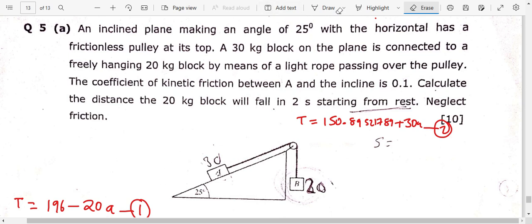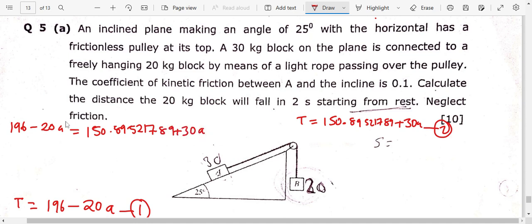So I'm going to get equation 1, that is 196 minus 20a, equated to equation 2, which is 150.895211789 plus 30a. Okay, I'm going to take this 20 to the other side.